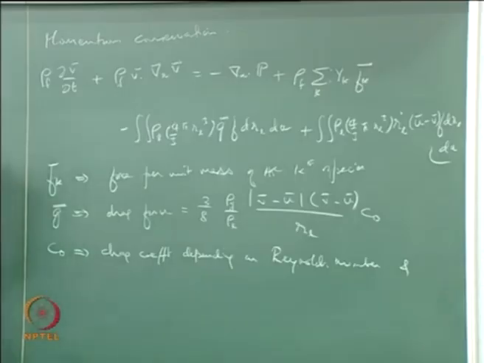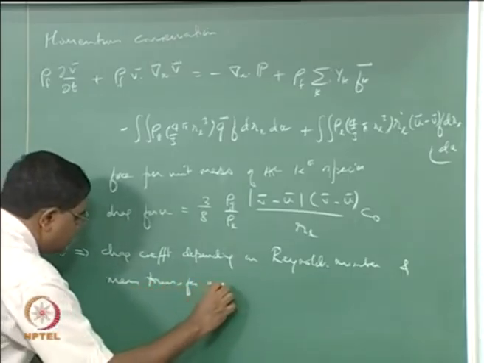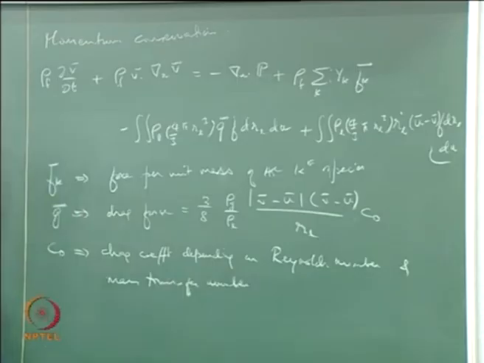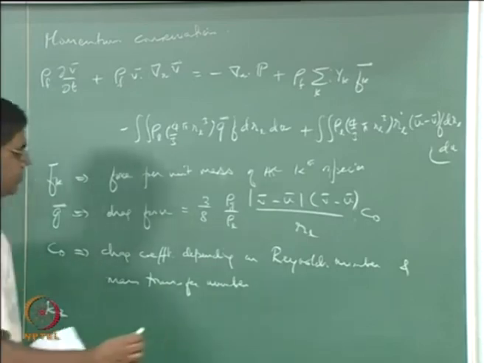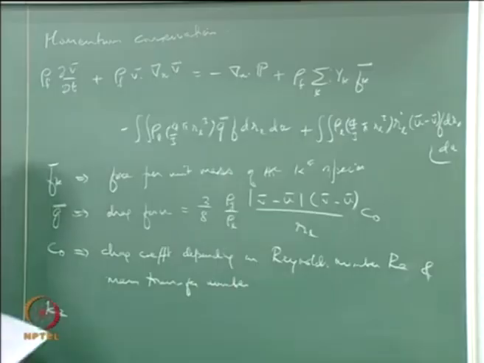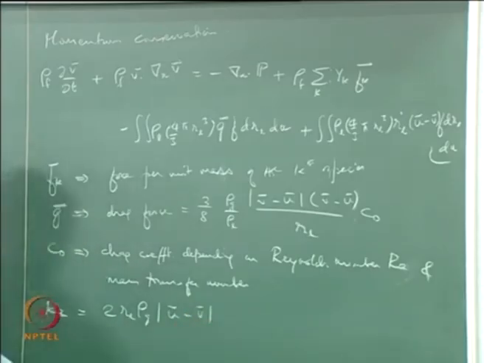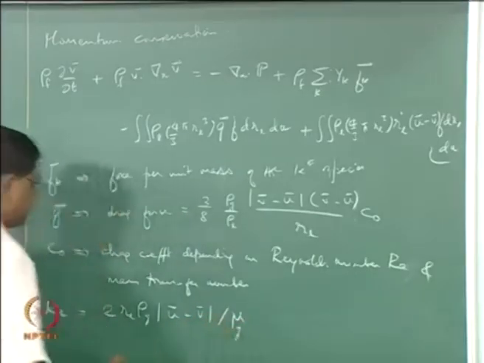Because you now have an evaporating droplet, it depends on the mass transfer number and Reynolds number Re. Reynolds number Re is equal to 2 RL, that gives you the diameter, times density times the relative velocity magnitude divided by the gas viscosity.